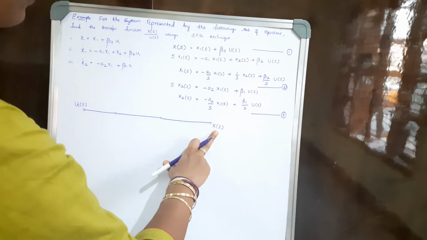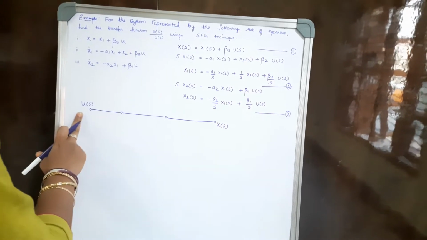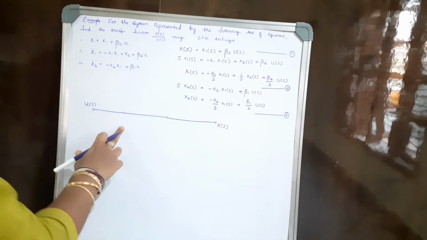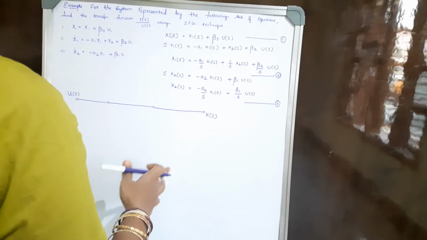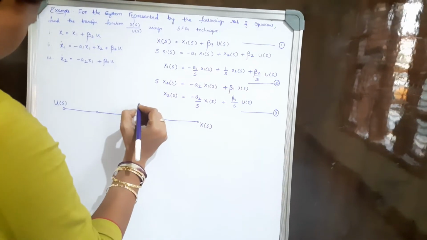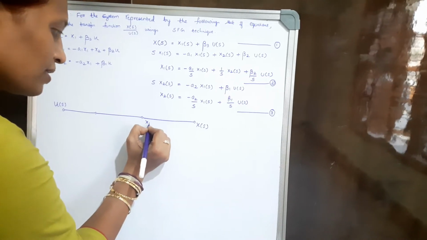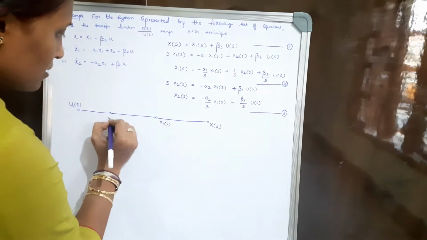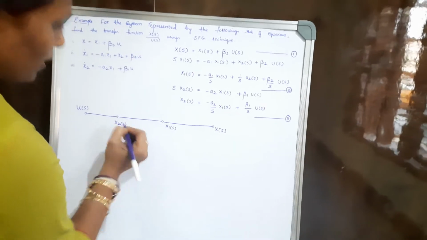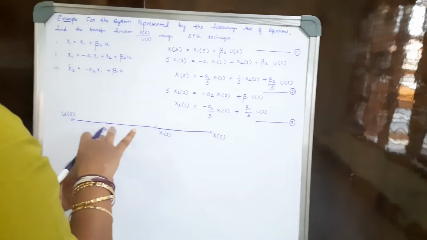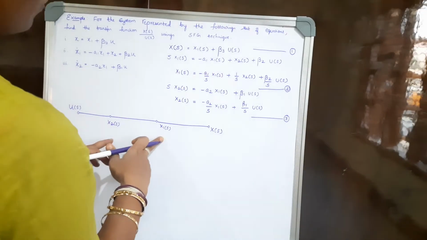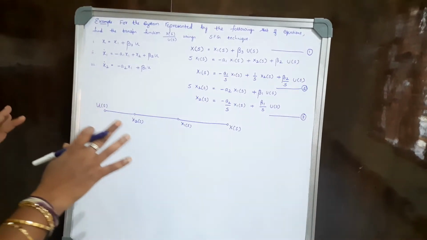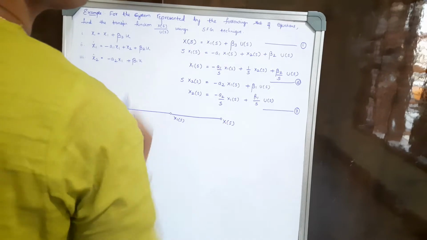Now, I can treat either of these as X1 or X2. For my consideration here, I will treat this as X1(s) and this as X2(s). You can even change these nodes, but you need to satisfy these three equations.